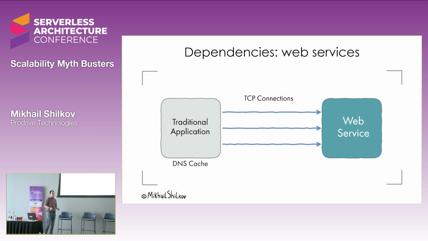So those VMs would typically live for days, and they can utilize this fact to keep, for example, a pool of TCP connections and to keep DNS cache or some other pooled resources. And the load on the web service will not change that drastically over time. Like you might get more users from time to time, but it's just 2 or 3 VMs, so you know the upper bound of the load on the dependencies.